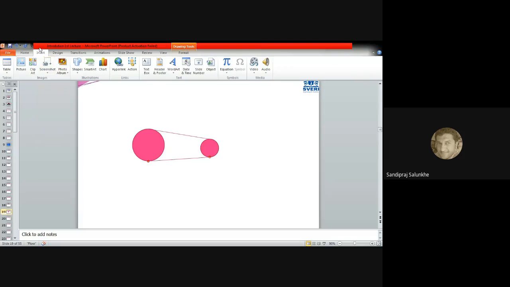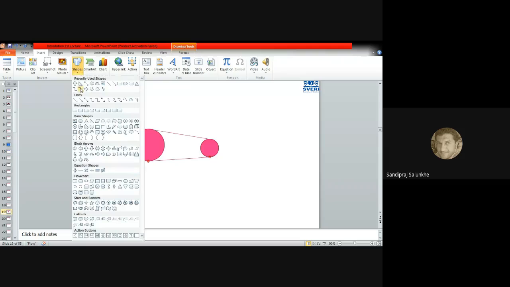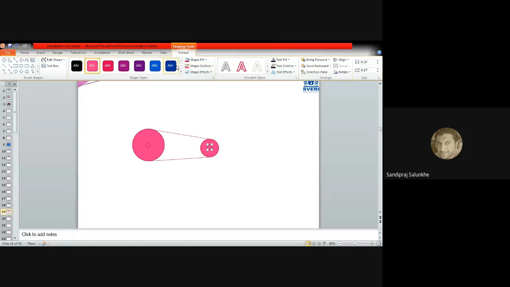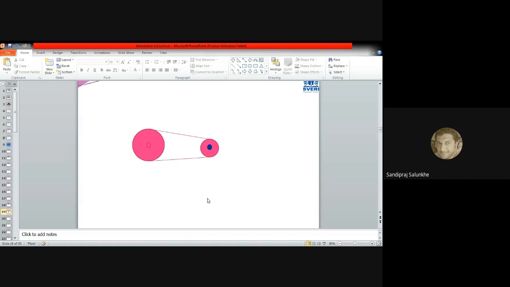And we are going to apply effort on the bigger wheel and we are getting output at the smaller wheel. And on this smaller wheel, we have an axle, which is connected to the road wheel. Right? And here we are going to have a paddle.